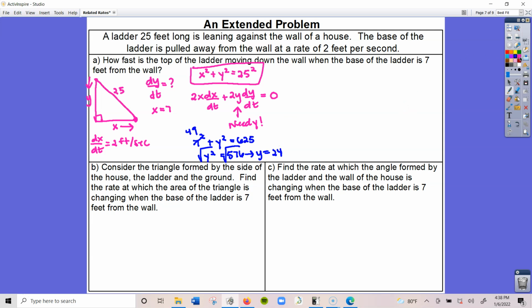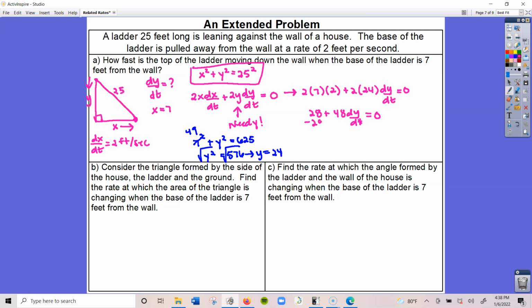So now I have everything that I need. I can plug in all of my variables. So 2 times x, which is 7, times dx/dt, which is 2, plus 2 times y, which is 24, times dy/dt is going to equal 0. 2 times 7 is 14, times 2 is 28, plus 48 dy/dt is equal to 0.